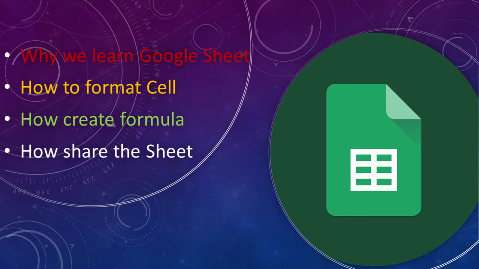Google Sheet is used for mathematical calculation, for example budgeting, sales forecasting, or anything. It's very suitable for working online, stored in the cloud, and as long as you keep working it auto saves everything, so you don't need to worry about losing your data.